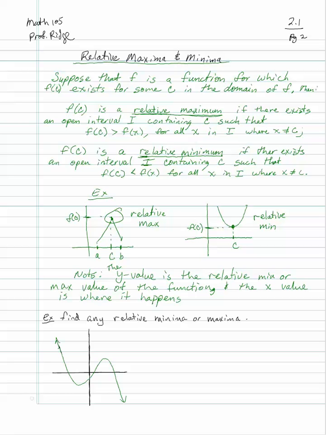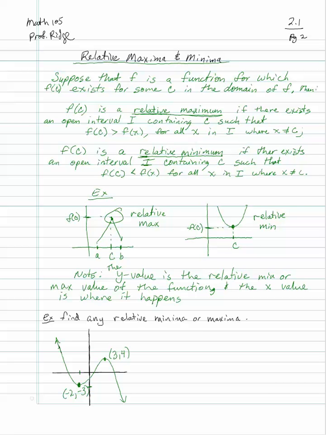So if we look at this, say this is the point (-2, -3). I'm just going to make up the scale. And how about (3, 4)?